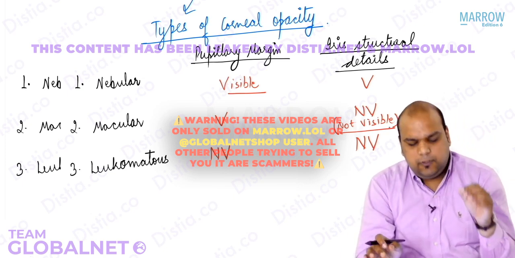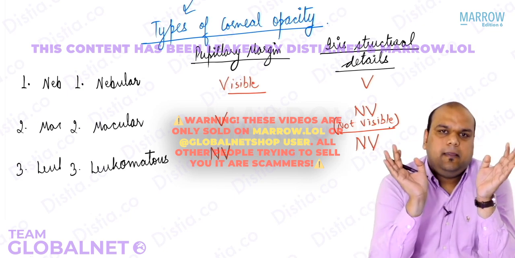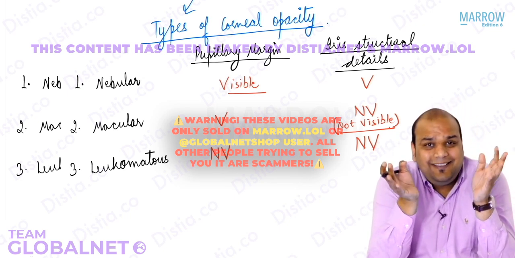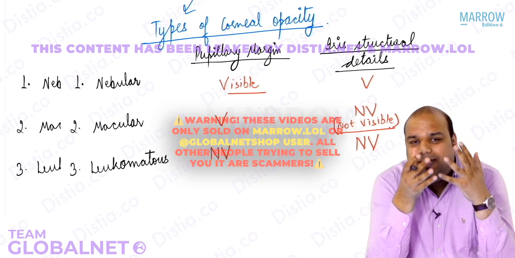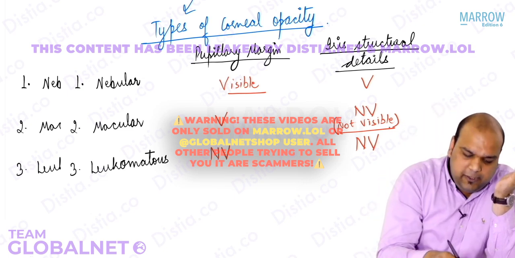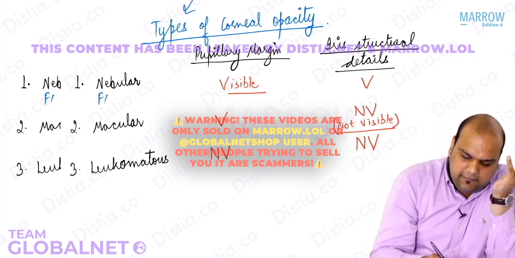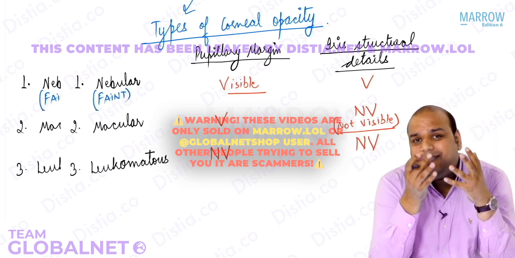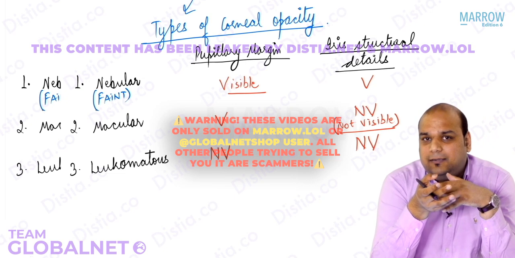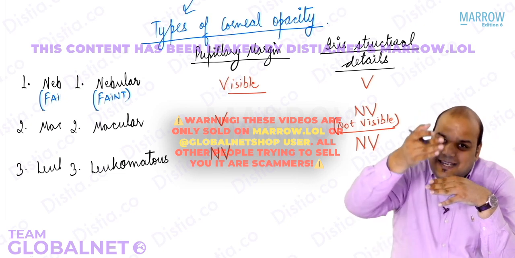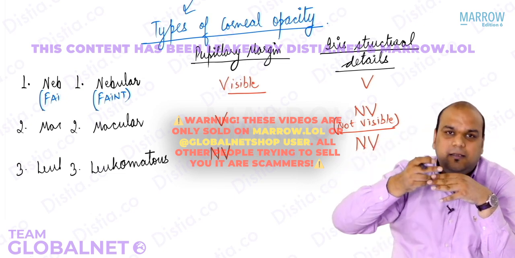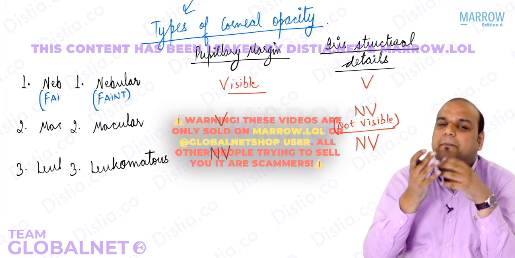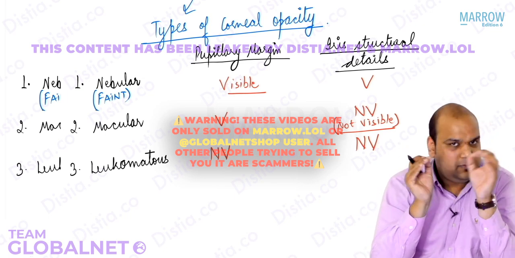Okay. So what do I mean to say here? Nebular corneal opacity. Even though the cornea will be opaque, this is a very faint opacity. The opacity is so faint that you can still see the pupillary margin and the iris structure behind the cornea. Okay?